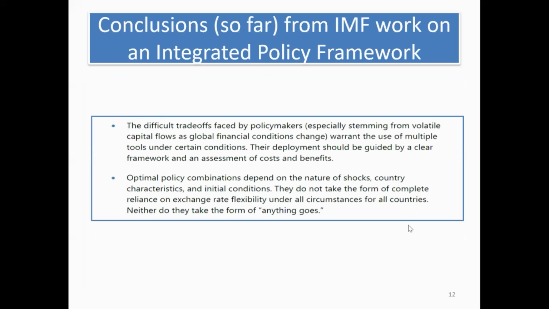And what they say is that the difficult trade-offs faced by policymakers warrant the use of multiple tools under certain conditions. The optimal policy combinations depend on the nature of the shocks. They do not take the form of complete reliance on exchange rate flexibility under all circumstances.